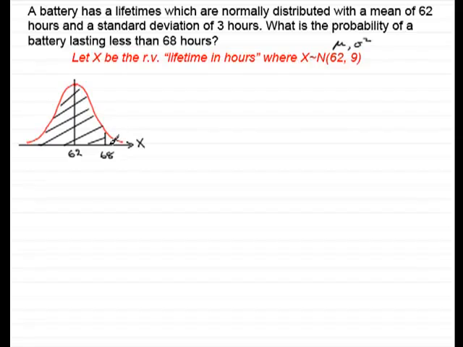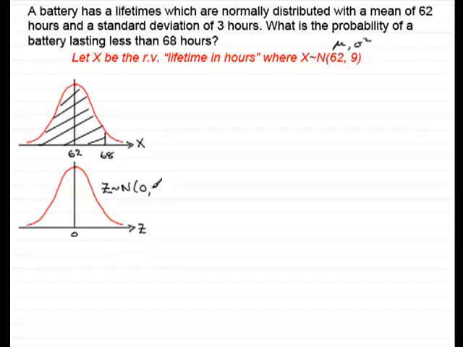Now in order to do this, I need to standardize this particular normal distribution. By that I mean that we draw another sketch of a normal distribution underneath this one, label it z. Z represents the standardized normal variable, so that z follows a normal distribution with a mean of 0, which I'll mark in, and a standard deviation of 1.